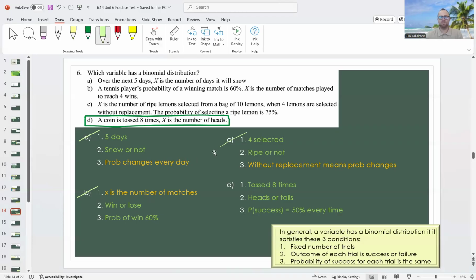Now, that's for eliminating these, but I do want you to understand this as best you can. So what's going on here? They said 4 lemons are selected. Those are the trials. It's the event. It's the thing that's happening, right? And then the outcome of each trial is success or failure. Well, they're talking about ripe lemons. So success is ripe, failure is not ripe.